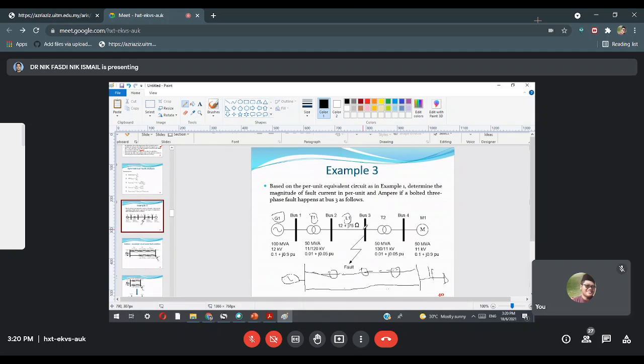For the right side, you have T2 and the motor load, so here there is T2 and the motor. So this is the equivalent circuit.